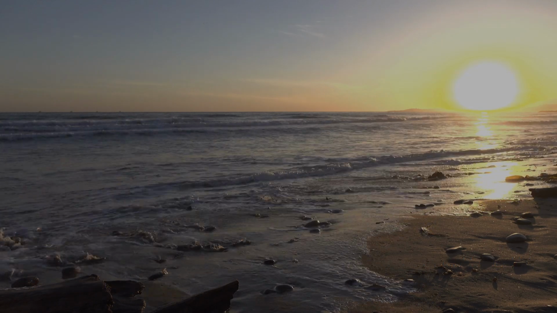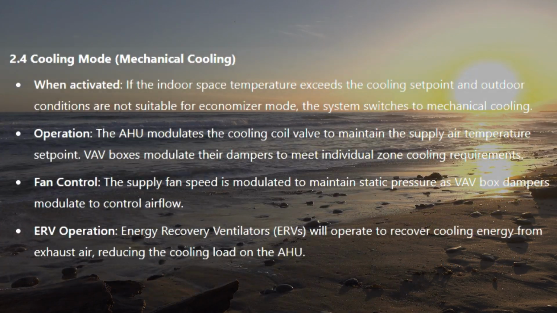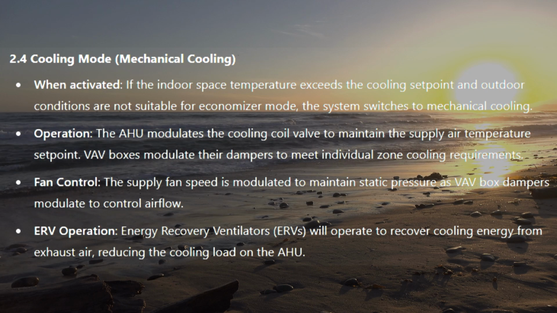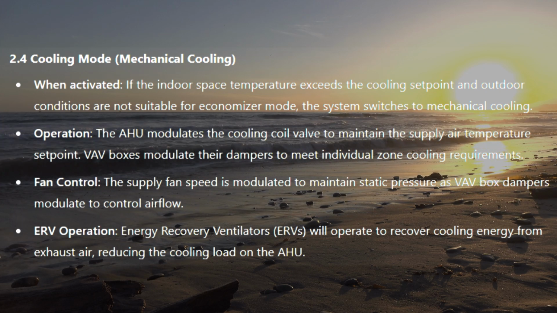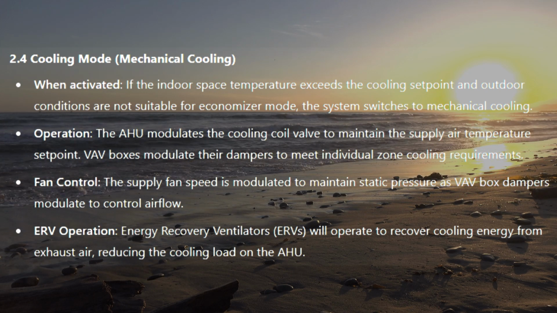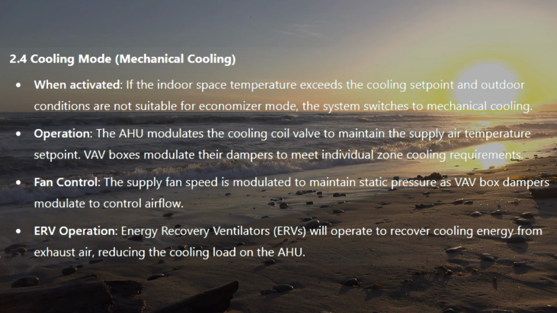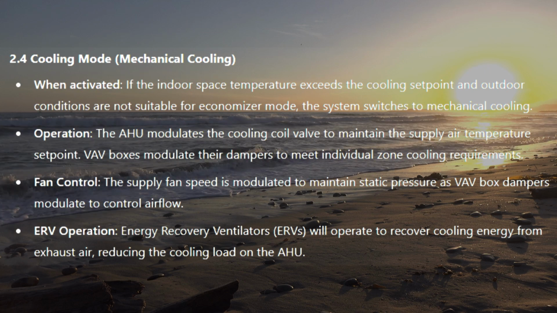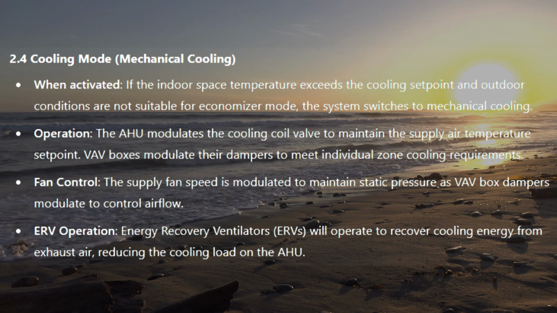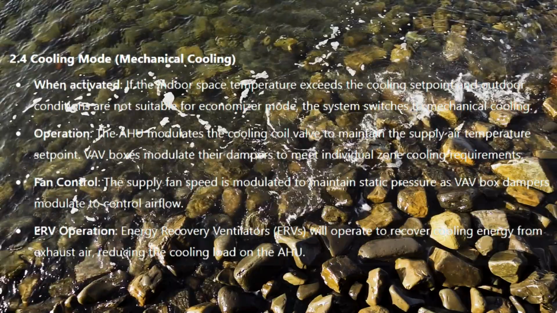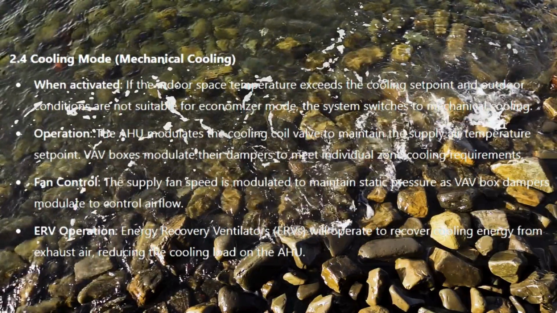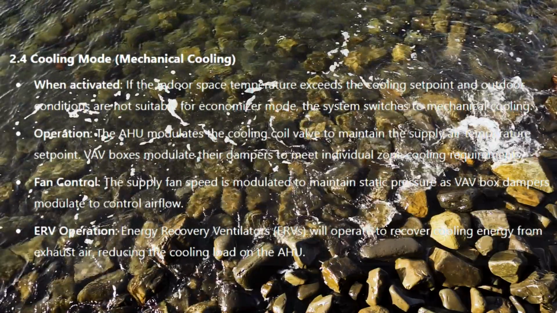2.4 Cooling mode, mechanical cooling. When activated: if the indoor space temperature exceeds the cooling set point and outdoor conditions are not suitable for economizer mode, the system switches to mechanical cooling. Operation. The AHU modulates the cooling coil valve to maintain the supply air temperature set point. VAV boxes modulate their dampers to meet individual zone cooling requirements.